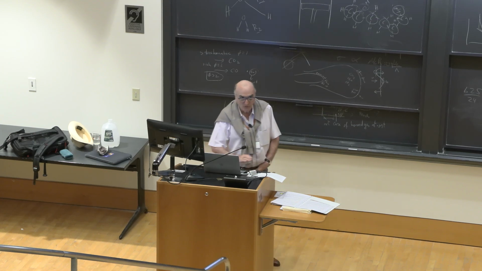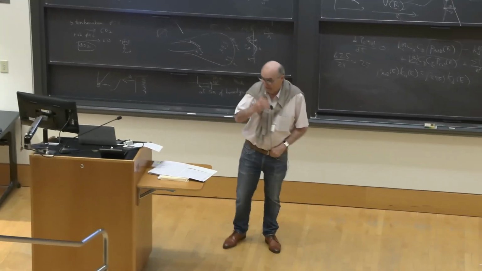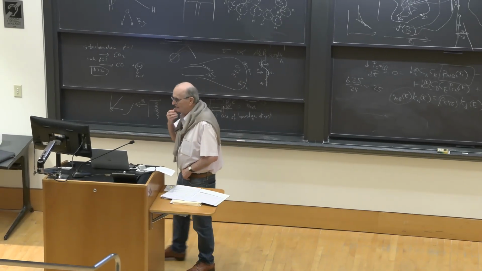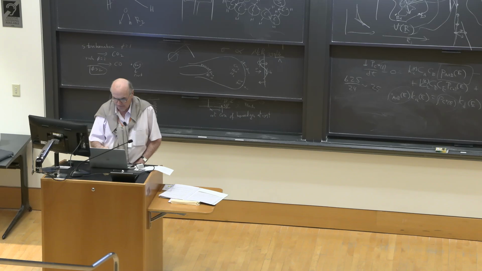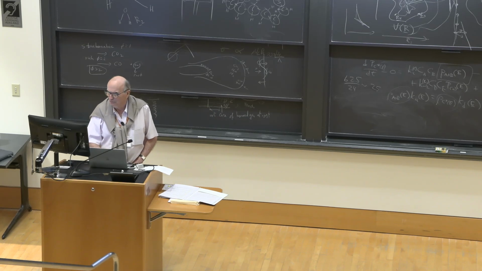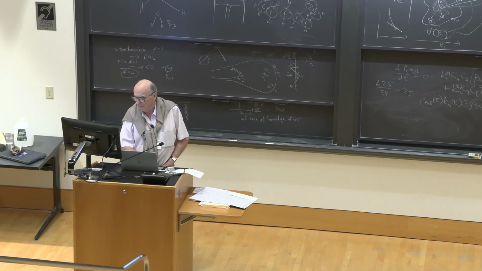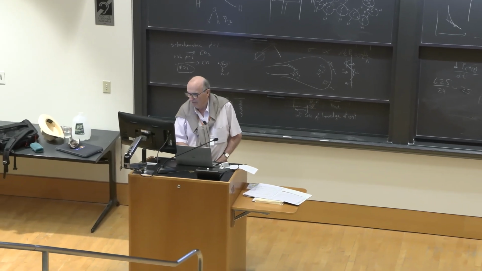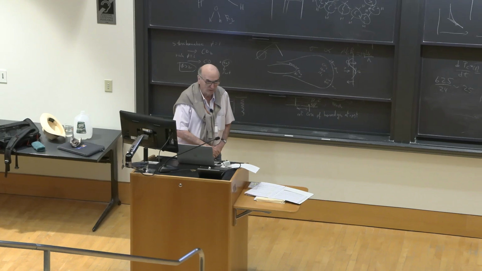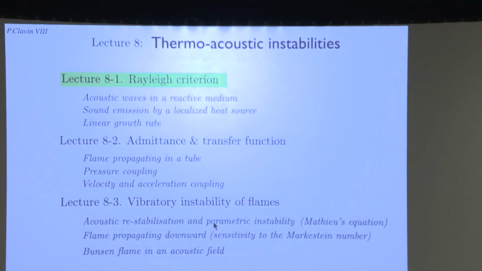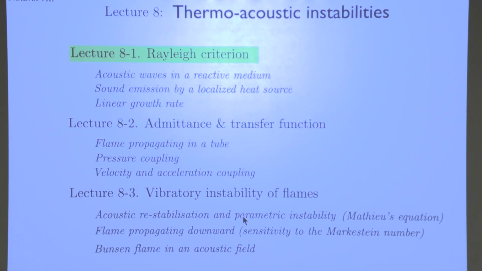So let me start with the basics, the foundation of the problem. This was developed by Rayleigh at the end of the 19th century. I will not go into the details, but I want to give you some flavor of this vibratory instability of flame, because this is a spectacular experiment in the lab and very instructive.